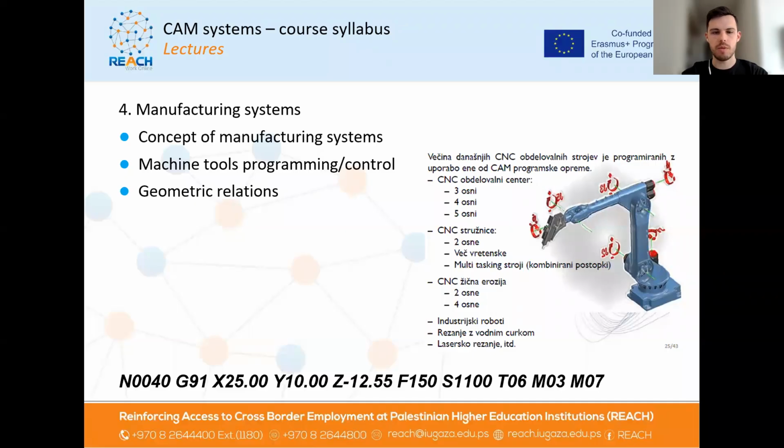And here at the bottom is just a simple G code, or NC code, for one operation. And at that stage, the students should understand how this concept is then used for specific manufacturing systems.